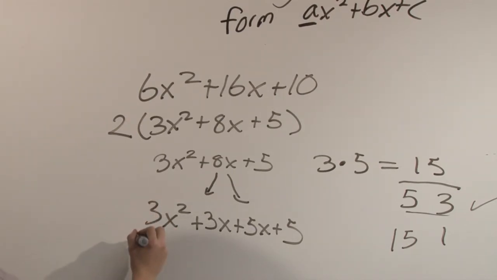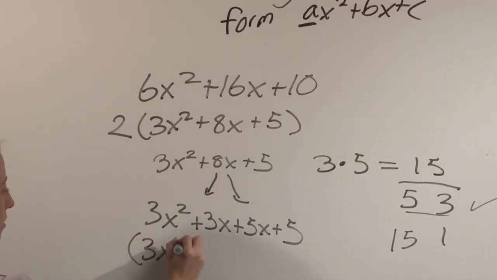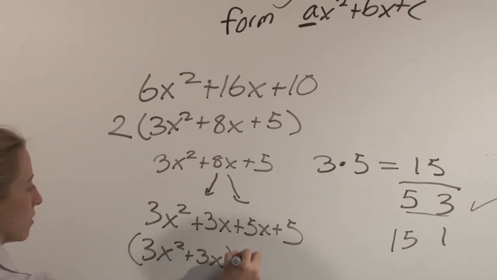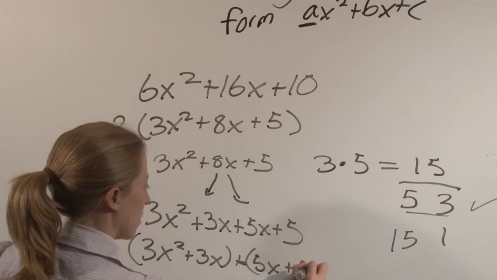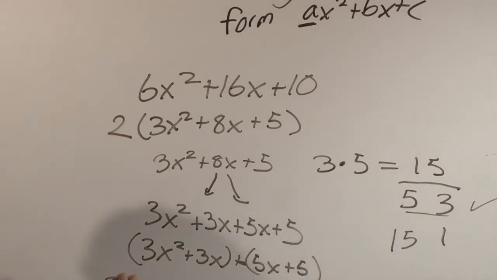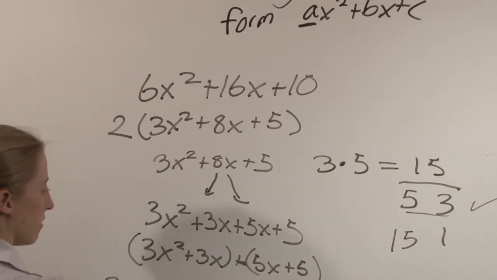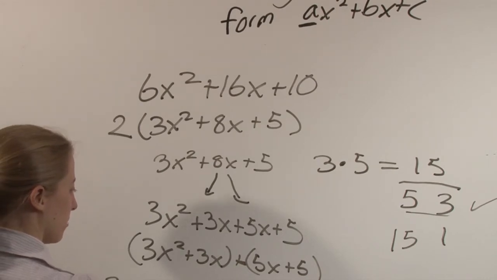So now when I group these, over here I'll pull out 3x and get x plus 1. And for this one I'm going to pull out a 5 and get x plus 1 as well.